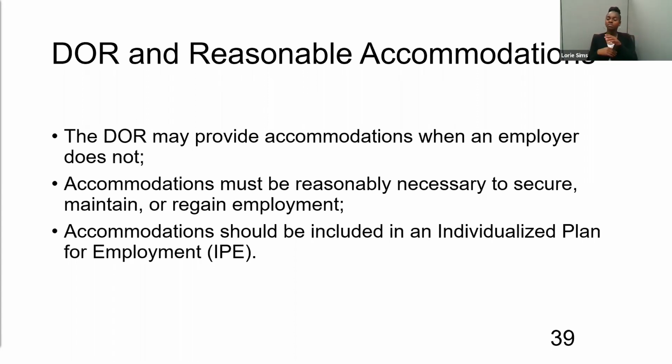So if I'm working with the DOR to achieve that goal, but I'm still working as a chef in the meantime, and I need an accommodation to continue working as a chef, the general rule would be that the DOR may not be obligated to help me with that because they're only assisting me with the employment goal to become an attorney. However, as advocates, we like to interpret regulations broadly, so there may be some leeway there depending on the individual circumstances, but that's the general rule.